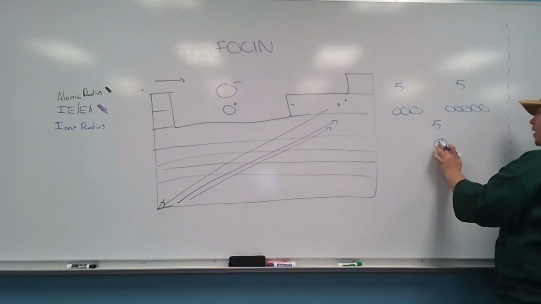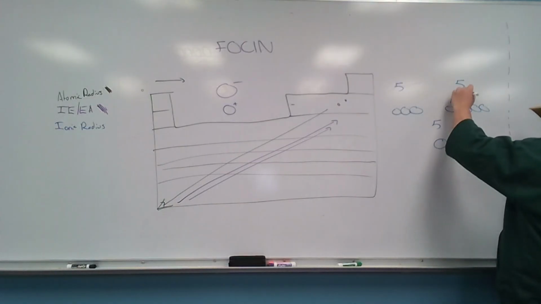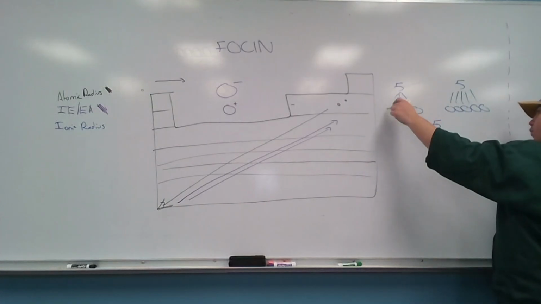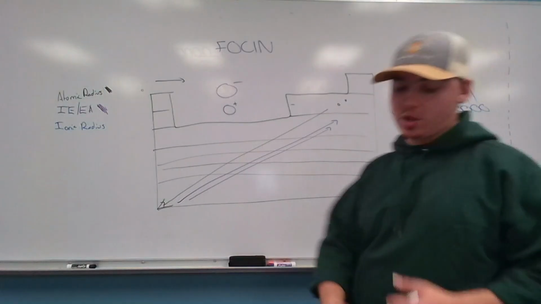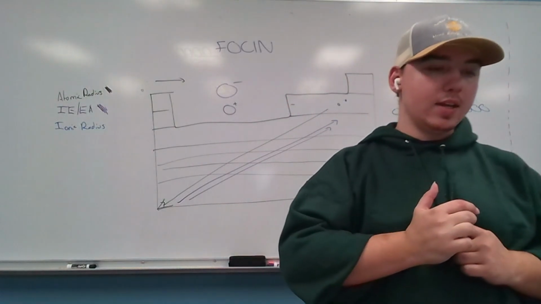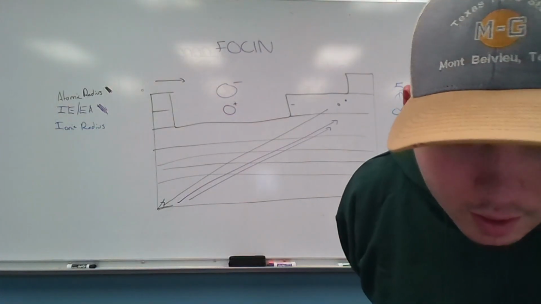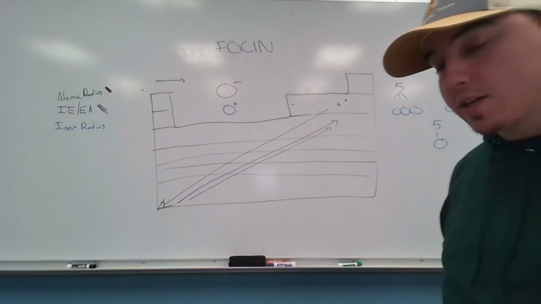Is it going to be the one that only has 5 to 1, or the 5 to 5? It's going to be this one because it has 5 little bonds in there. Meanwhile, this one has 1, and this one has 3. So the one with more protons is going to be smaller. Double check it with a question: fewest protons will be the largest, more protons will be smaller because it's contracting more.